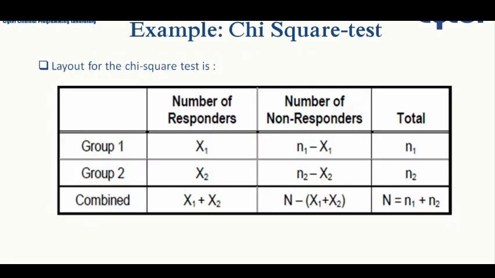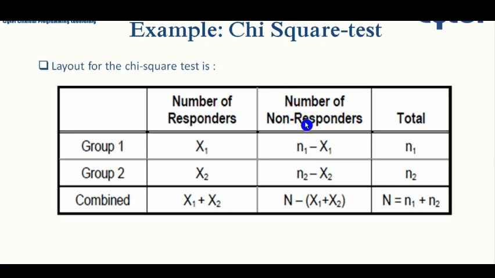You have a 2 by 2 table like this, that this is group 1 and x1 are responding from this group 1. So, group 1 can be treatment, group 2 can be the control. So, x1 are responding and here x2 are responding.